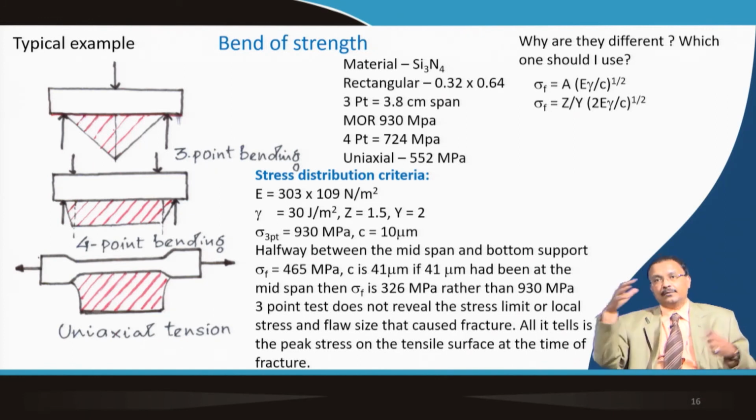The sample will have a distribution of crack length, so no matter what crack is there, it will get averaged out, and it will underestimate the fracture stress, but it will be more reliable as compared to the 3-point bending. Therefore, 4-point bending, or if possible uniaxial tension, will give more reliable values as compared to the 3-point bending test.